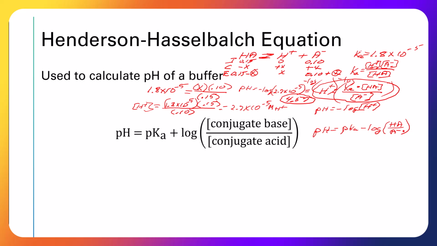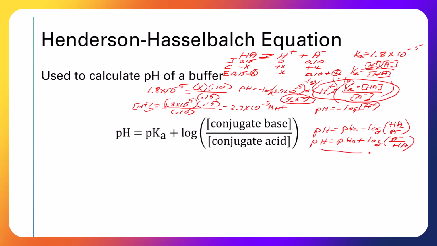Now I'm going to use my log rules here to change this a little bit. All I need to do to turn this negative sign into a positive is to invert my acid and weak conjugate base. And when I do that, I get pH is equal to pKa plus the log of the base over the acid concentration.